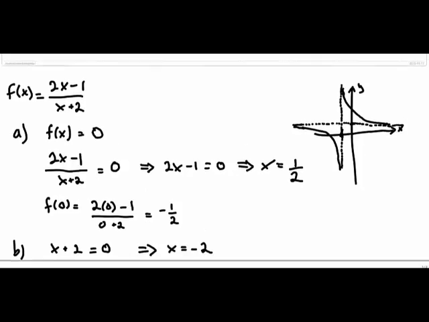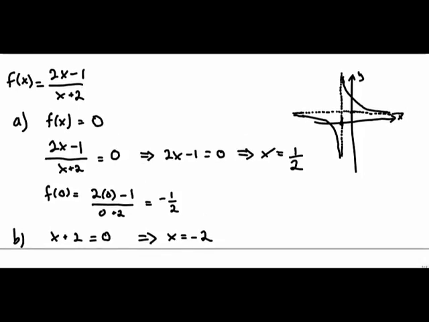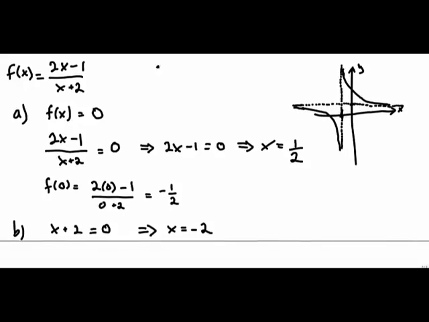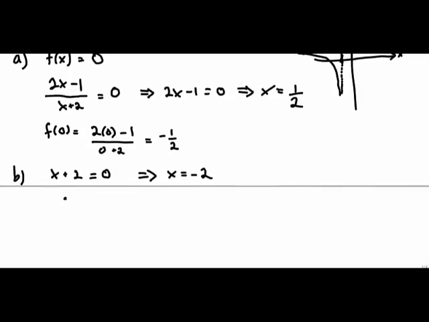Then we have to look at the function again. If we look at the two x terms in this case, 2x and x, we just have to look at that expression, 2x over x.